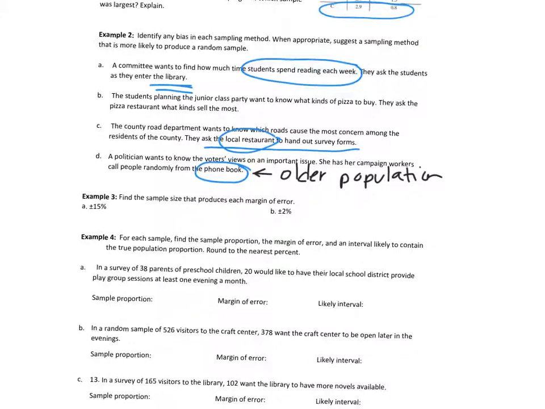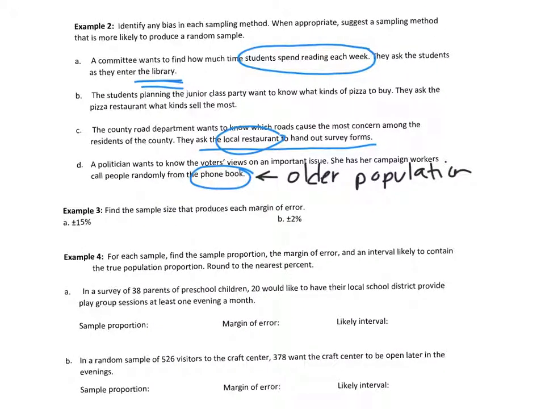Okay, example 3, find the sample size. So if the margin of error is 15%, you're going to do 0.15 equals 1 over the square root of n. So you're going to multiply both sides by the square root of n and divide this side by 0.15.